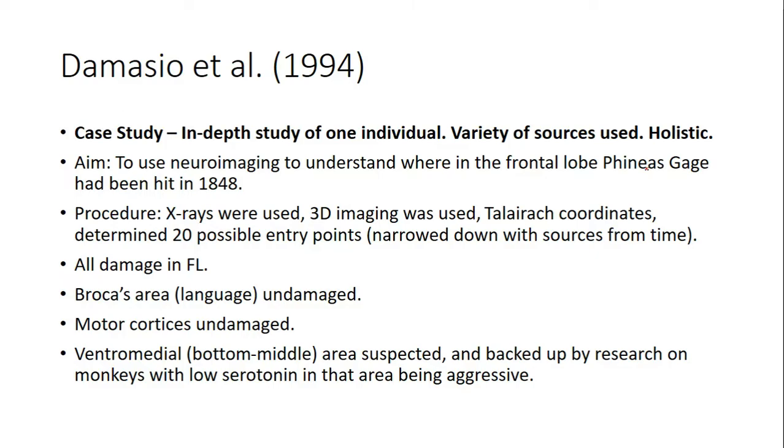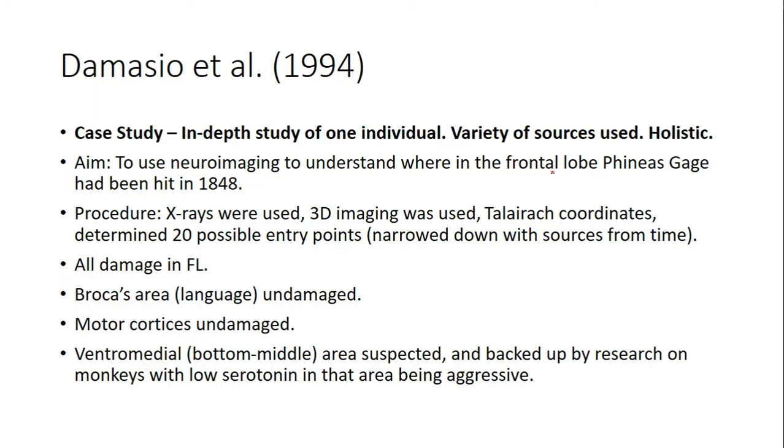So, the procedure. Now, why would they want to understand where he was exactly hit? Well, the idea is that, as we've just learned, the frontal lobe is involved in decision making, and personality a little bit. So supposedly, if you're hit in a specific place in the frontal lobe, it'll affect the behaviours that specific place controls.